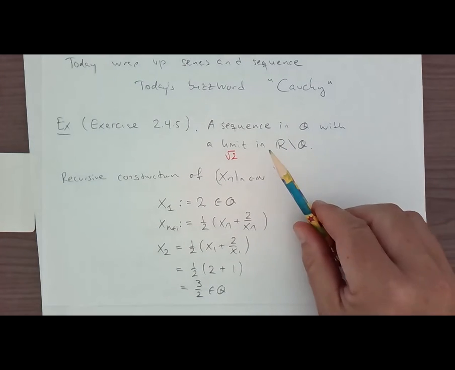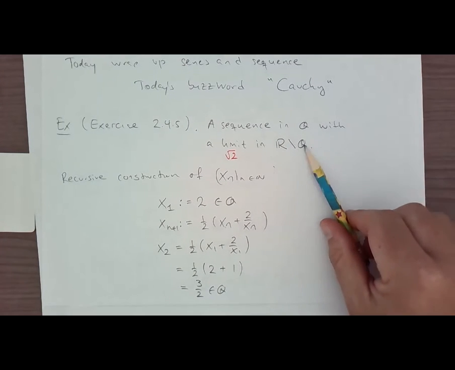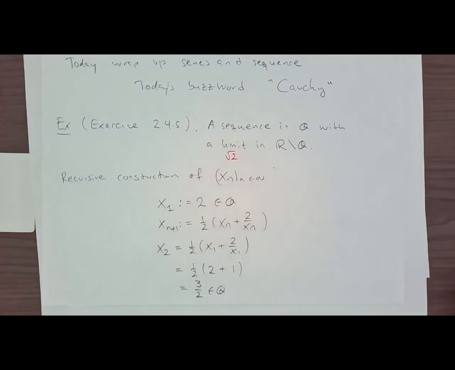We have proven that it converges into something in R, but not necessarily inside Q. And here was a specific example, and we're going to be using that example next year when we start talking about Cauchy sequences. Any questions on the problem that we solved here from the textbook?